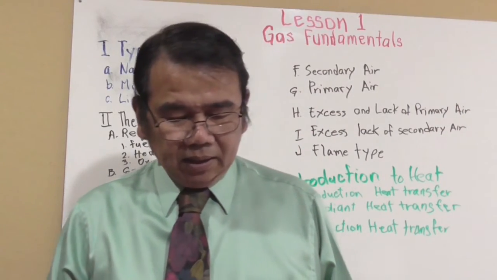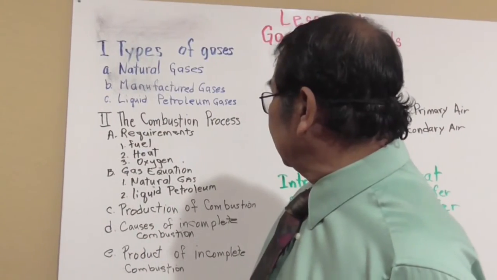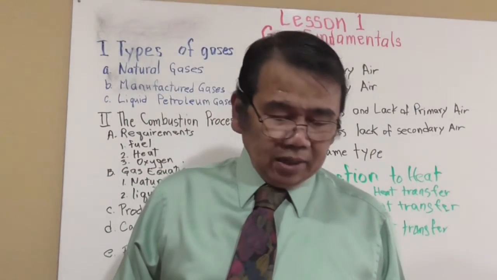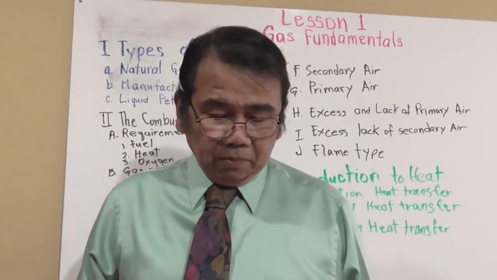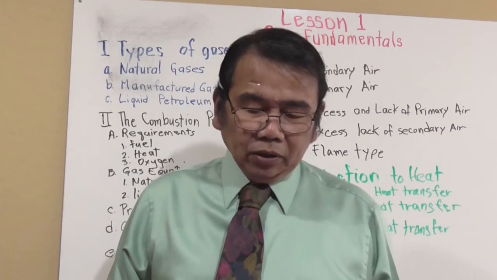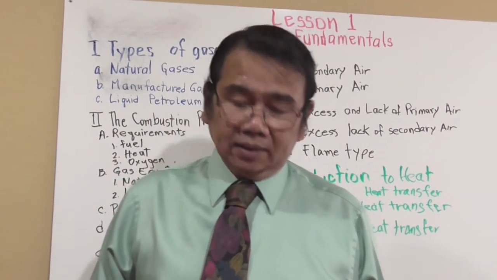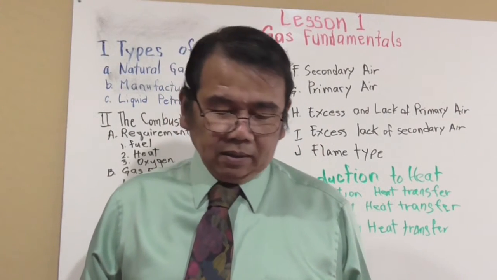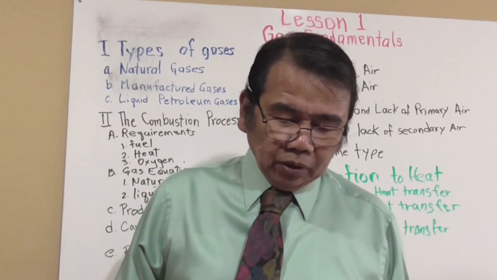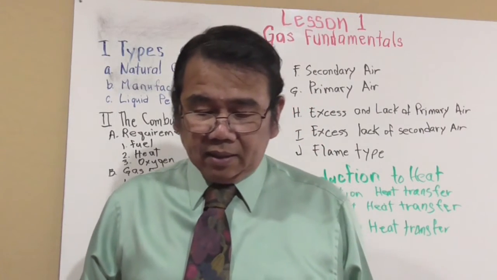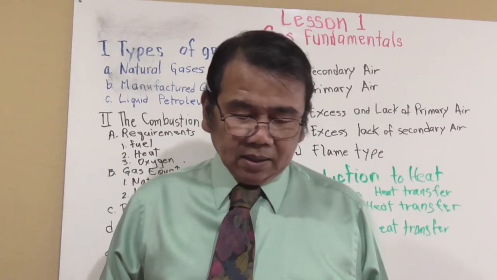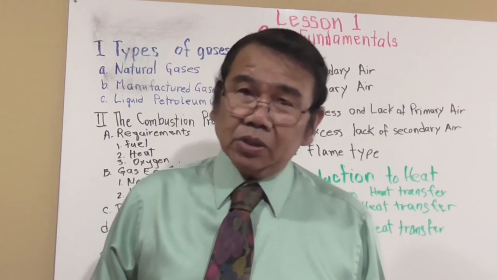And then you got what we call the gas equation. For complete combustion of natural gas, 1 cubic foot of natural gas requires 10 cubic feet of air plus a flame of ignition.